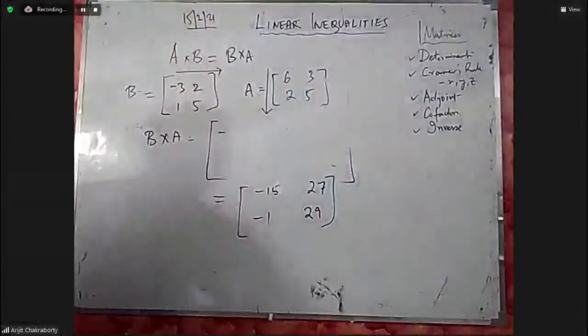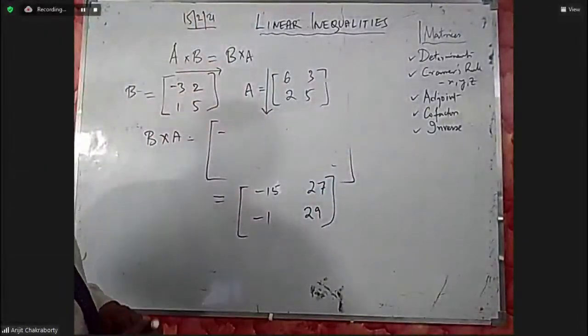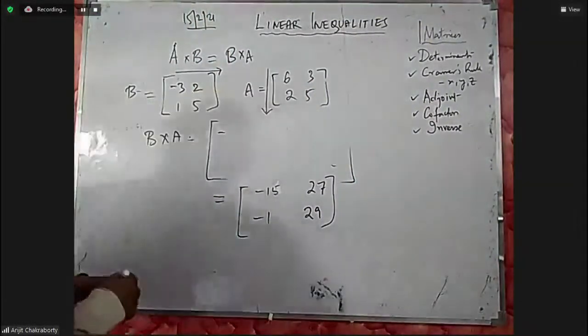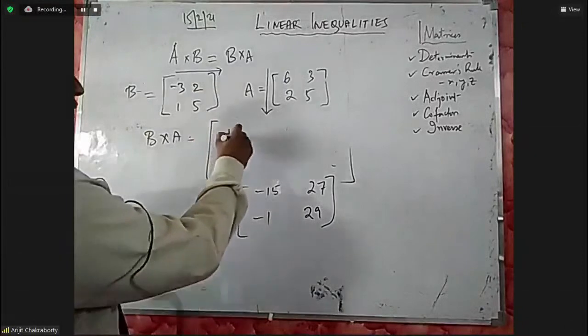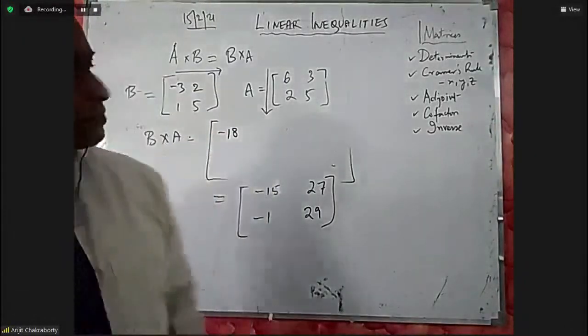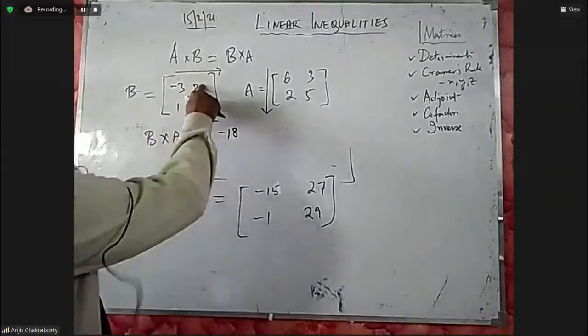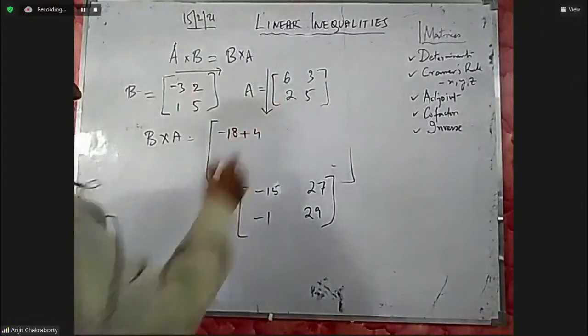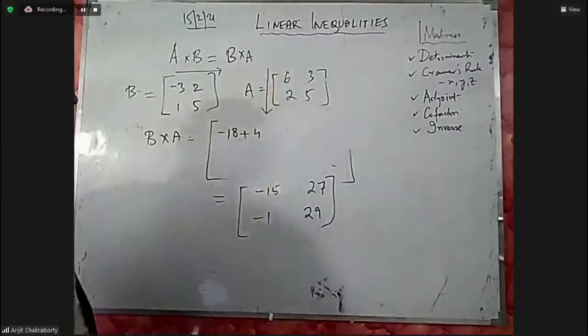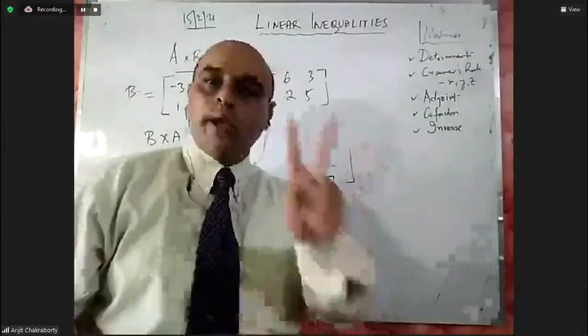Okay, so B into A we will do now, and this time it is -3 into 6, right? So it is -18, plus 2 into 2, that is 4. This is row 1, column 1. Now we will do row 1 and column 2.